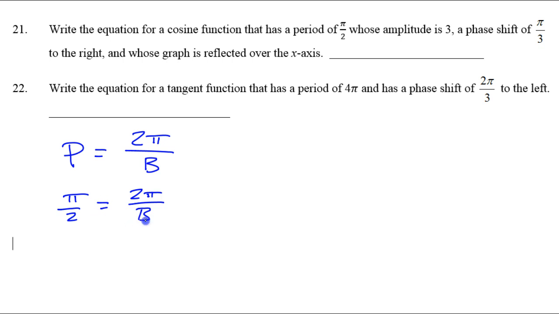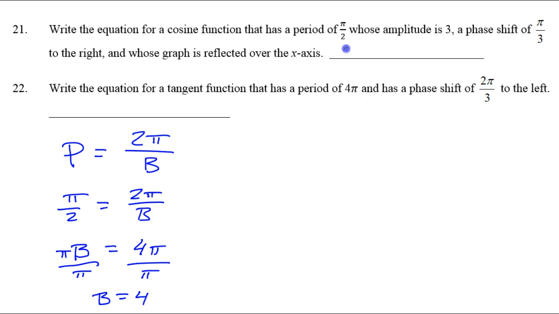We need to find b for the equation, so I'm going to cross multiply and get pi b, or b pi, is equal to 4 pi. Dividing both sides by pi, I discover that b is equal to 4.